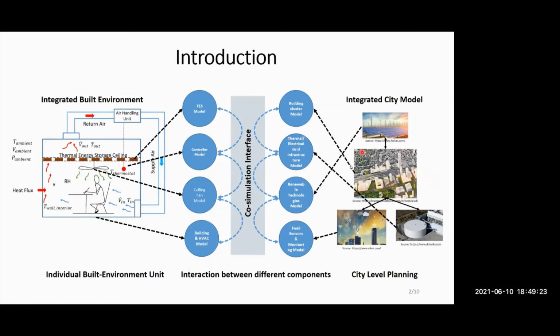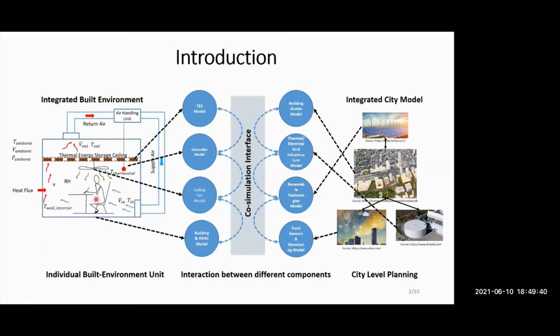This is about co-simulation. Here we model different systems in different simulation tools, and then we integrate those simulation tools with the co-simulation interface where they can exchange data for the optimal operation.